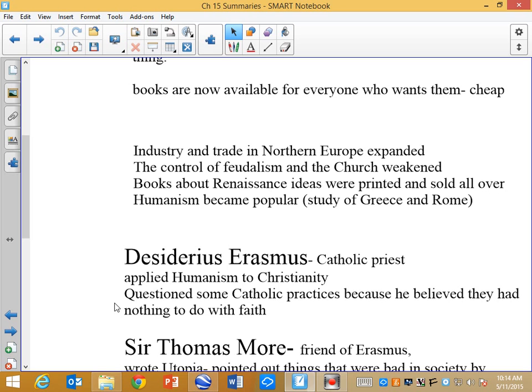Okay. Desiderius Erasmus was a Catholic priest, and the thing that he is well known for is that he was taking humanism, the idea of studying Greek and Roman literature and what they understood, their science, their math, things like that, and applying it to Christianity and helping people understand that you can know things about how science works without forsaking God.